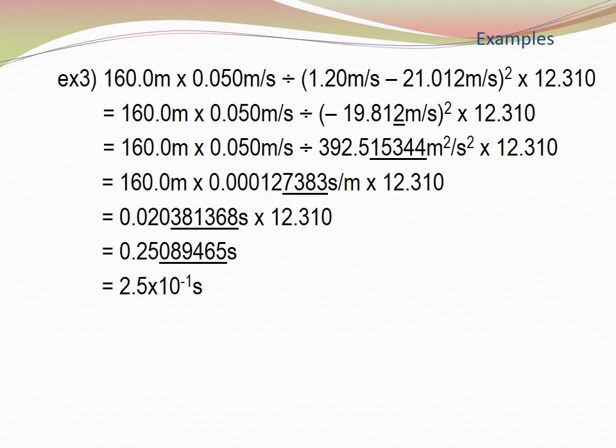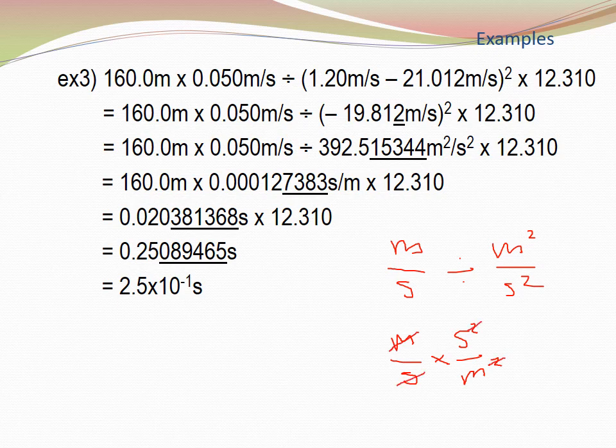So if I were to write that out, that would be meters per second divided by meters squared per second squared. I would change that then to meters per second times second squared over meters squared. Meters factor out with one of the meters. Seconds will factor out one of the seconds, leaving me with seconds over meters.